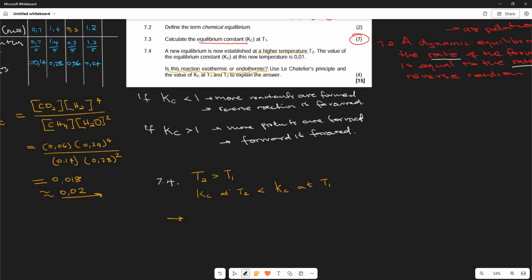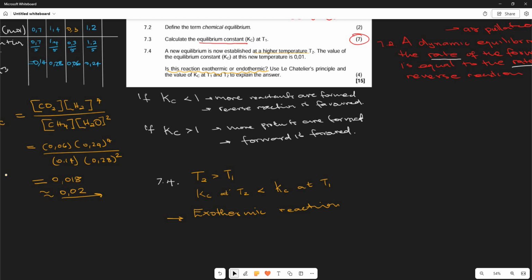So number one, forward reaction is exothermic. When they ask this question, they are asking for the forward reaction. So the forward reaction is an exothermic reaction. But why is it so?